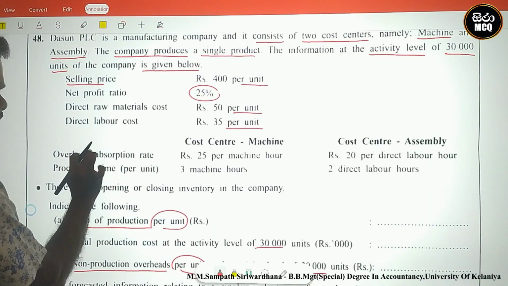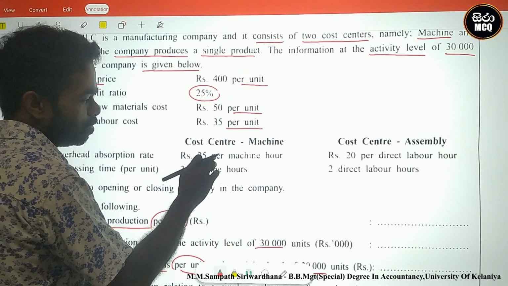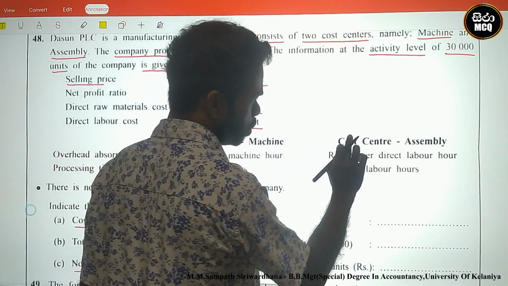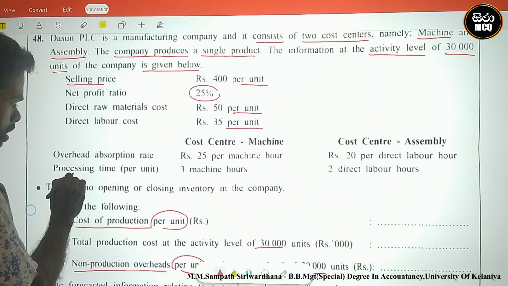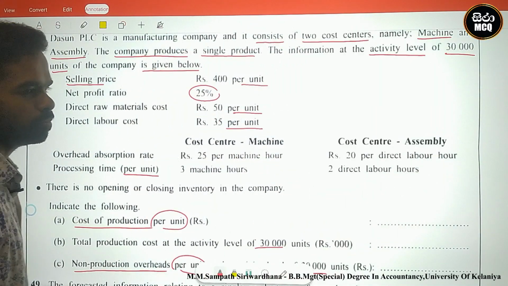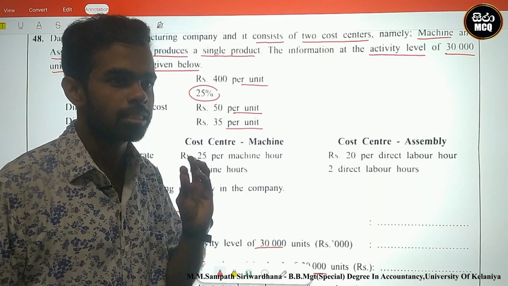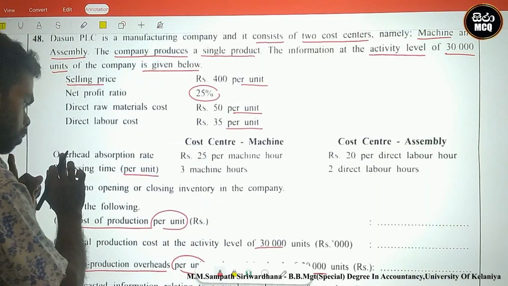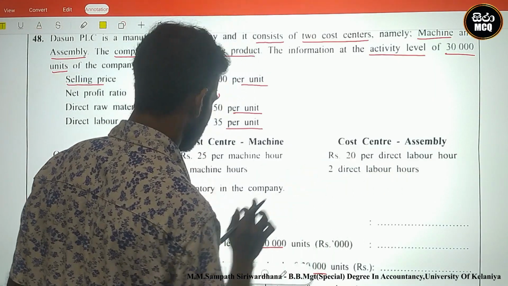The overhead absorption rates are already calculated: 25 per machine hour for the machine cost center, and 20 per direct labor hour for the assembly cost center. The processing time per unit, the actual hours used for 1 unit, is 3 machine hours and 2 direct labor hours.